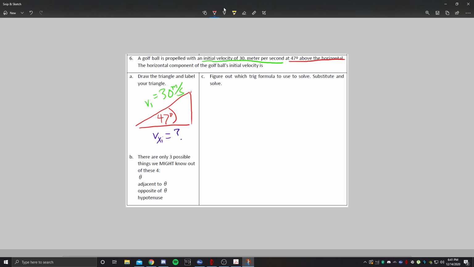So here we have theta is 47 degrees. Adjacent is Vxi, so that's Vx. We don't know what's opposite, and we have our hypotenuse, which is 30. Which formula has everything we have? Well, cosine does. Cosine has theta, adjacent, and hypotenuse. So cosine 47 is equal to Vxi over 30.